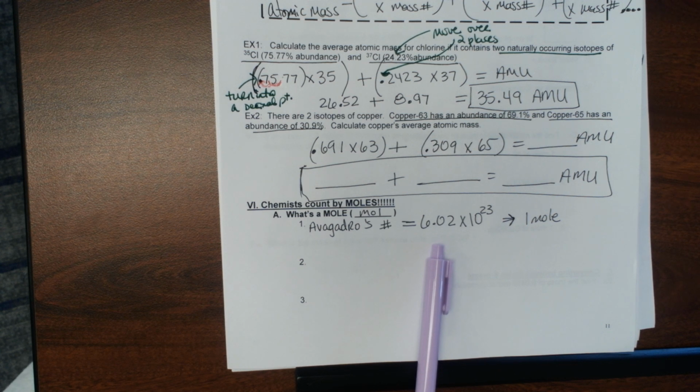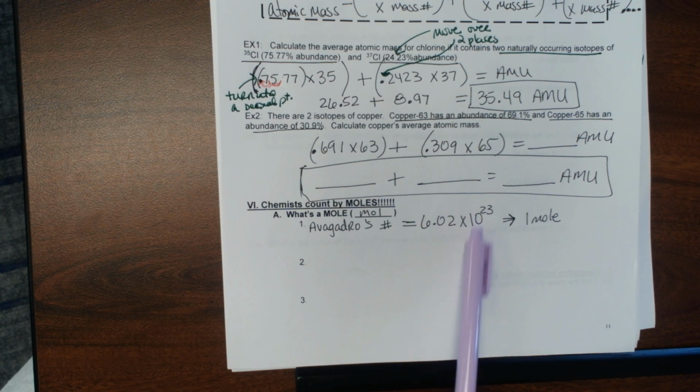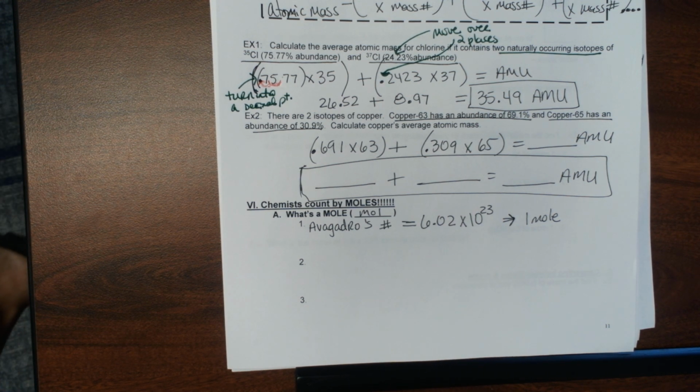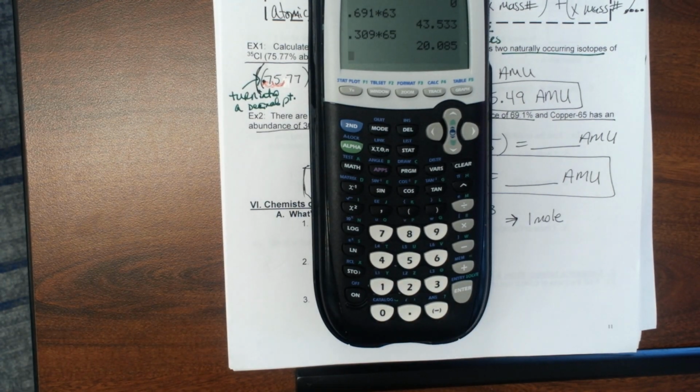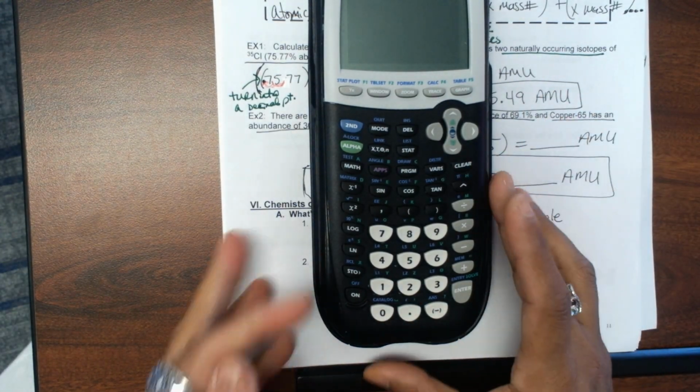If they say 5 moles, then it's this number times 5. How would you times that by 5? Say it again. How would you times that by 5? Oh, good call. Pause for a moment. That is a good question. In your calculator, I'm going to clear this out.